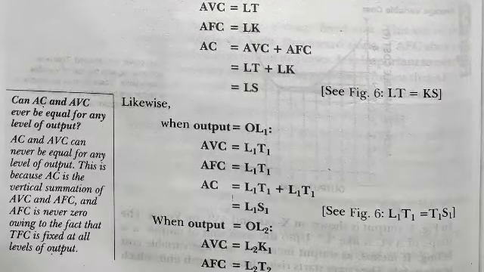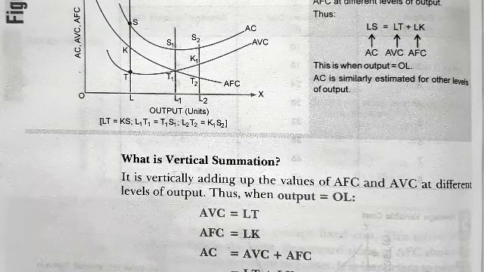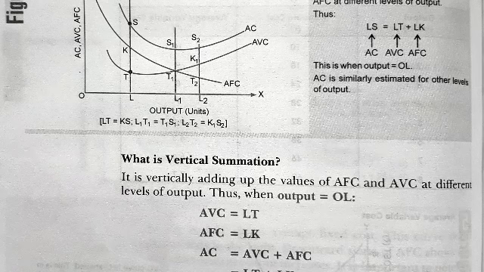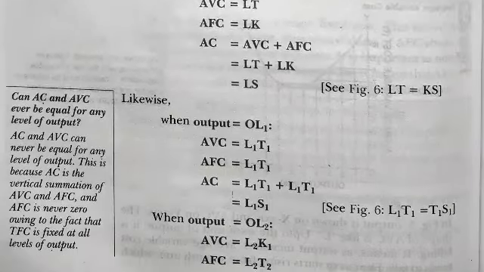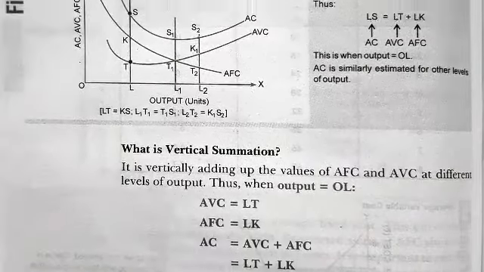At point OL2, if our level of output is OL2, at this level of output average fixed cost will be L2T2, average variable cost will be L2K1. देखिए आप यहाँ पर when output is OL2, average variable cost will be L2K1.